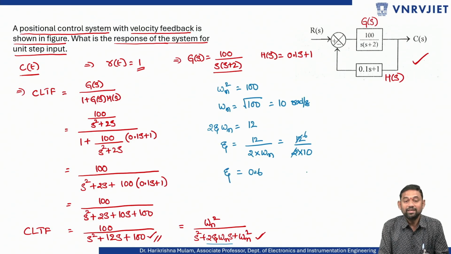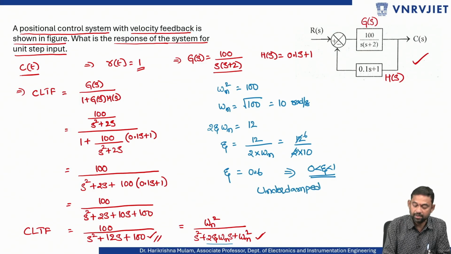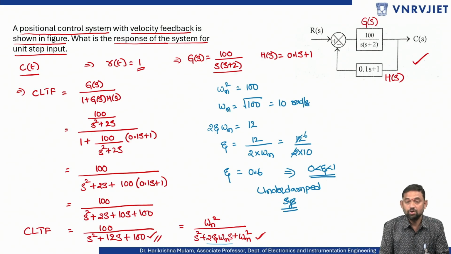The zeta value is 0.6, which means zeta is between 0 and 1. Such a system is called an underdamped system. If the zeta value is between 0 and 1, the system is called underdamped.